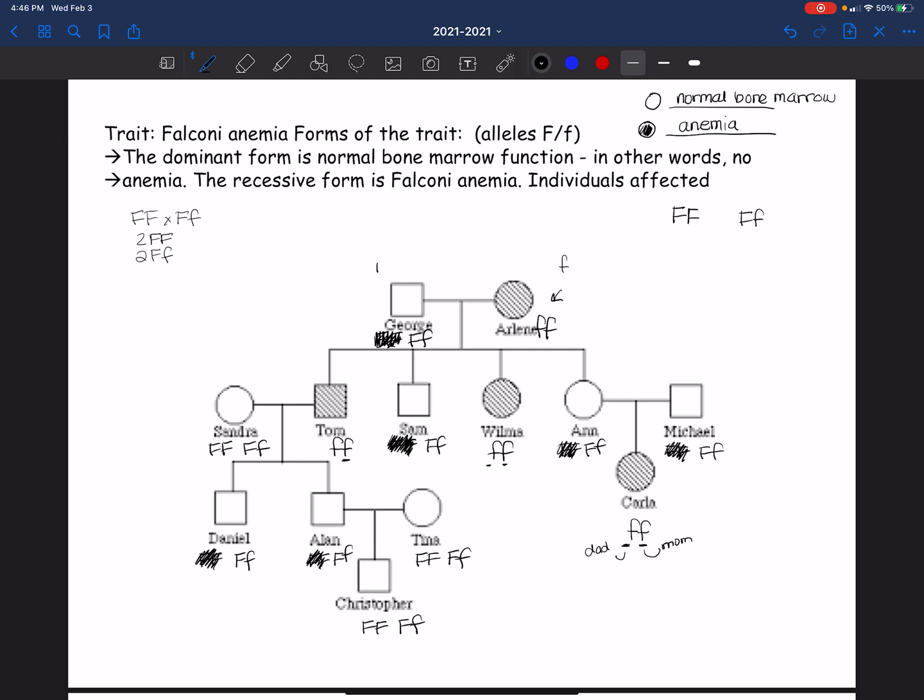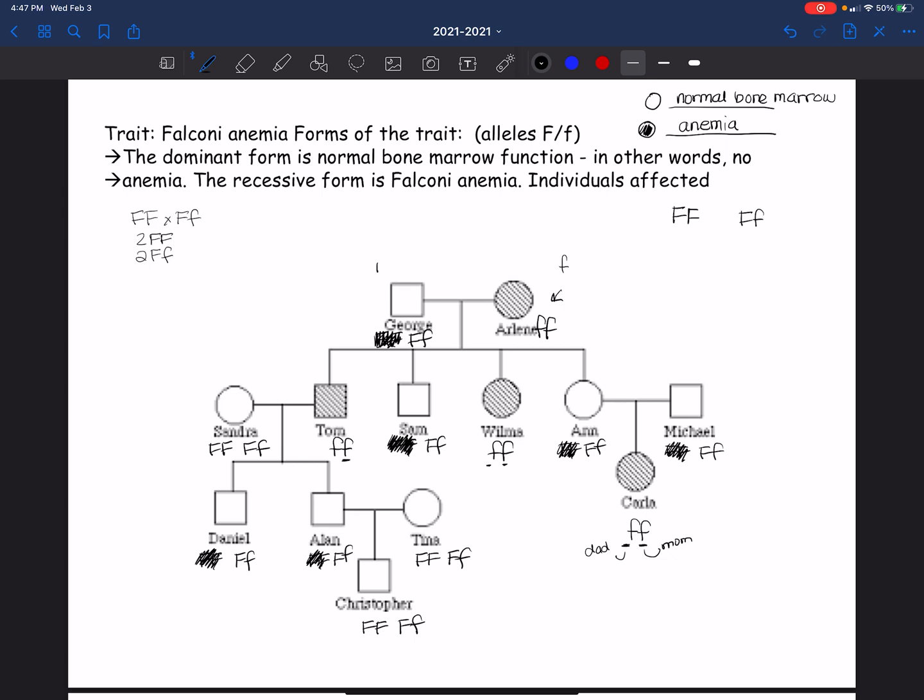Now, if we look at Sandra, we don't have her parents to look at to see if they had the trait, and none of her children have the trait. So we don't know whether she's big F, or big F, little f. So we have to put both genotypes in for her.